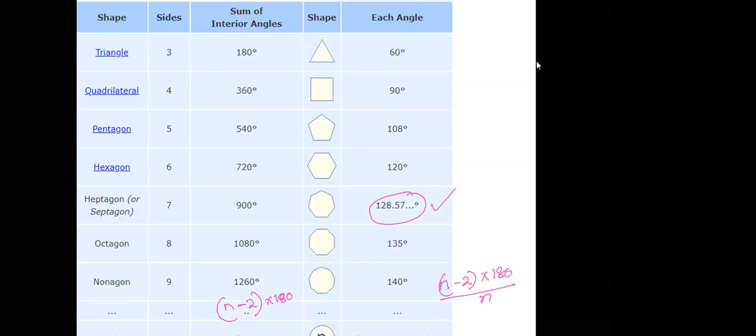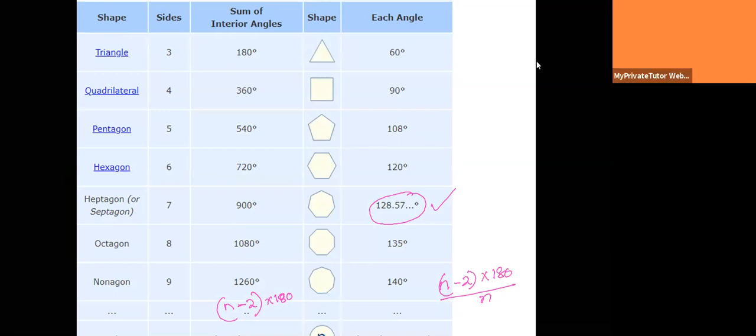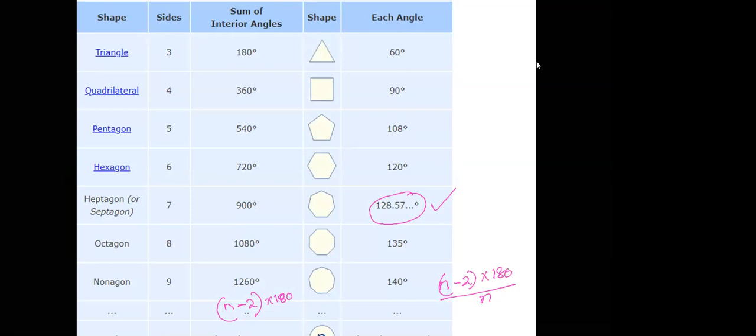Okay. So before we go to the quadrilaterals, let's try the exterior angles. We just learned the interior angles of all types of polygons: the sum of interior angles, as well as the individual interior angle.